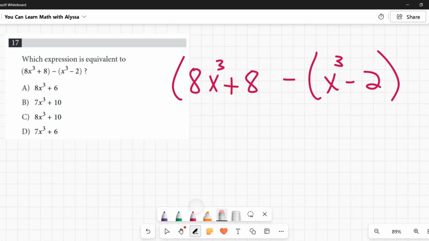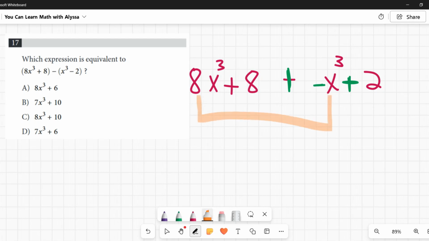Just one little thing we have to be mindful of, and it's this minus. This minus means minus all of this, not just one of those terms. So what I like to do when I have a minus in front of the parentheses, I like to change it to a plus and then change everything inside the parentheses to the opposite. And now, once I've done that, I can get rid of the parentheses and I can just combine like terms very easily.